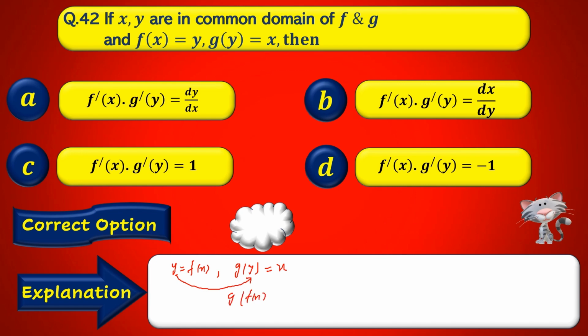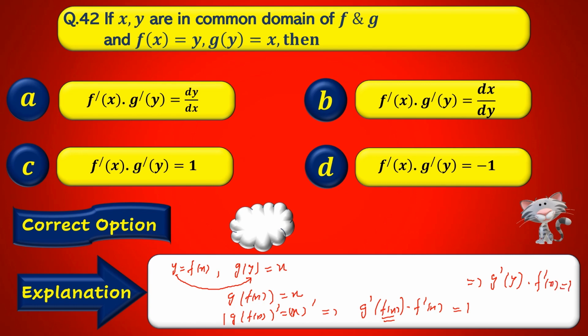It becomes g of f of x is equal to x. Now we take the derivative of both sides, and we apply the chain rule, and it becomes g dash f of x into f dash x is equal to 1. Now replace f of x by y. It becomes g dash y into f dash x is equal to 1. So C is the correct option.